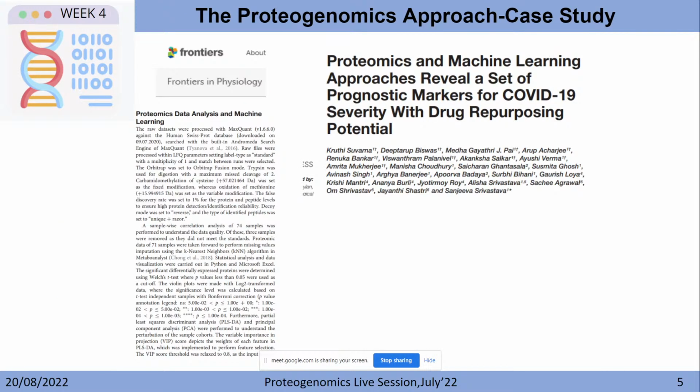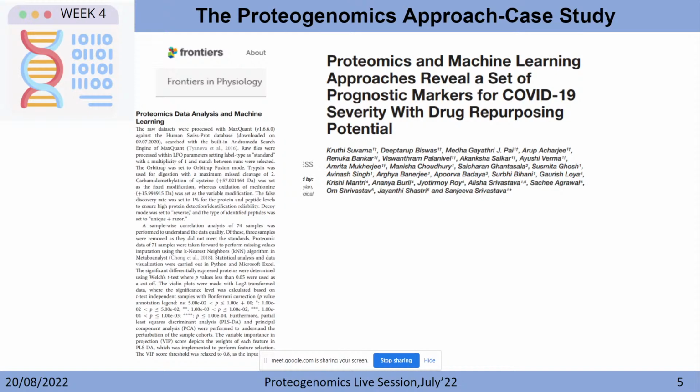Now, another thing I thought to include is that, as you all know, the COVID-19 pandemic has shown the world so many difficulties, but proteomics data can help here also. You also know that during COVID, especially during the second wave, there was a huge crunch of hospital beds and spaces, and there was a need to understand which patients are going to develop severity.